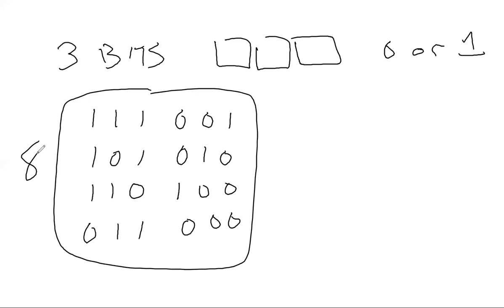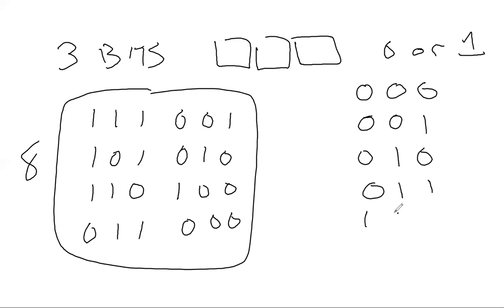I did this in a very ad hoc way. If I just started with 0 and I counted, just like I just showed you a moment ago, I come up with the same 8 combinations, but I come up with them in order.